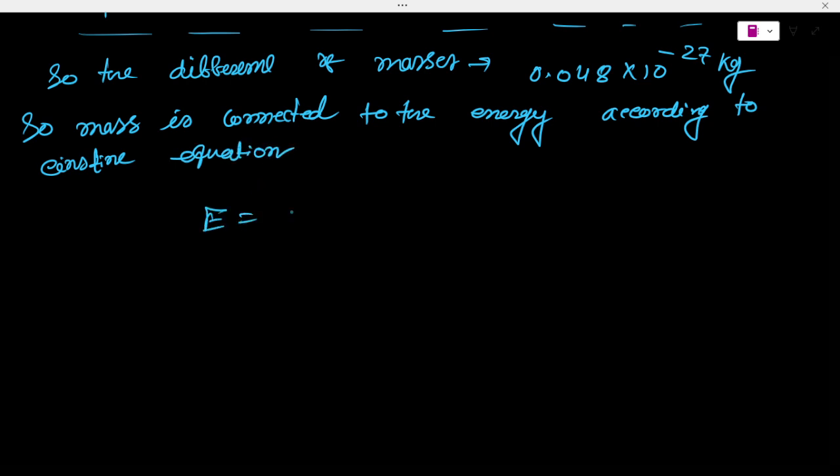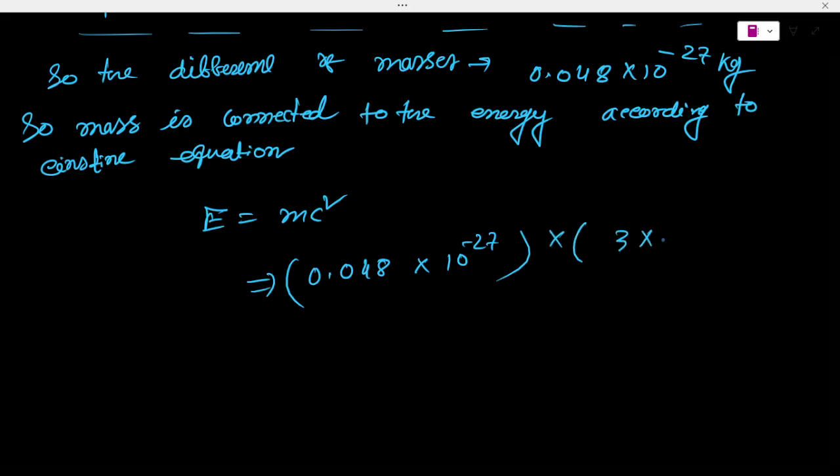E is equal to mc squared. So mc squared is basically 0.048 into 10 to the power minus 27 into 3 into 10 to the power 8 meter per second squared. Okay, so it will be around 0.43 into 10 to the power 11 joule.